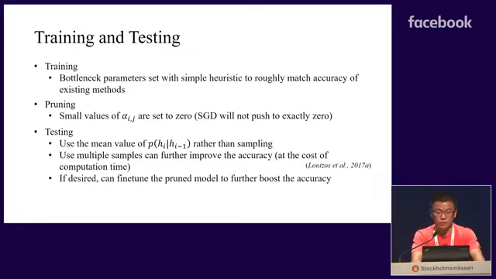In the test phase, we use the mean value of PHI given HI minus 1 rather than sampling. We can also use multiple samples to further improve the accuracy, at the cost of computational time, and we can fine-tune the pruned model to further boost the accuracy if desired.